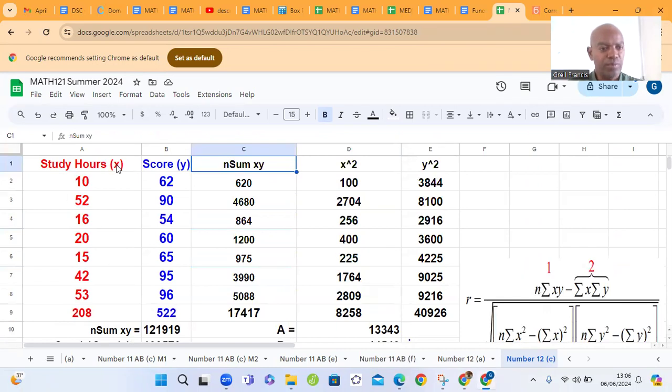Now, in our case, we have hours and score. So we can use H for hours, and we can use S for score.